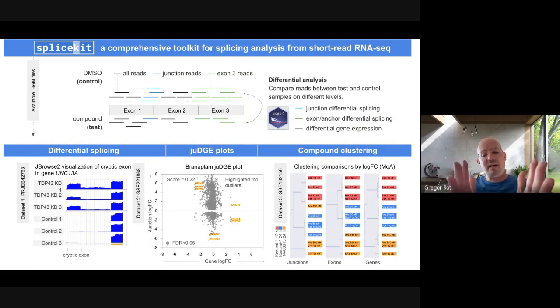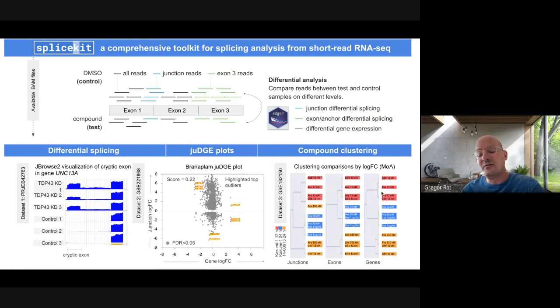And if you have a compressed plot, that would more signify a splicing modifier. And if you would have a wider plot, that would lead you to think that you have a treatment or compound that is more changing the expression of genes and not so much changing splicing of the molecules.